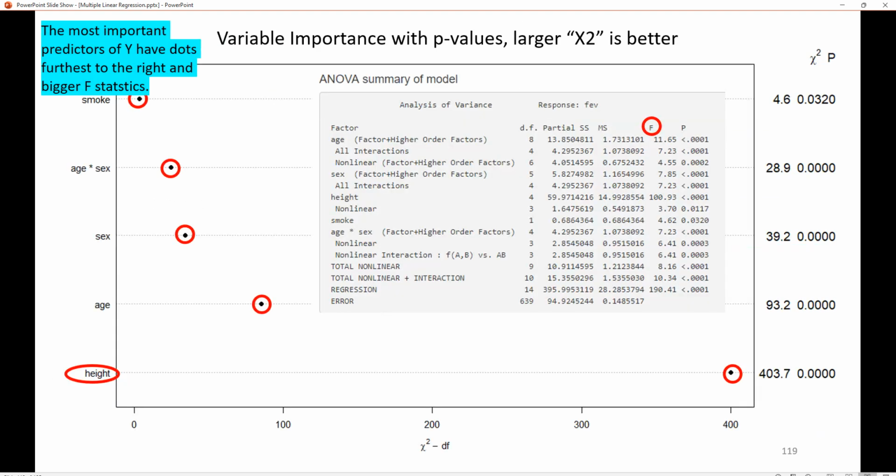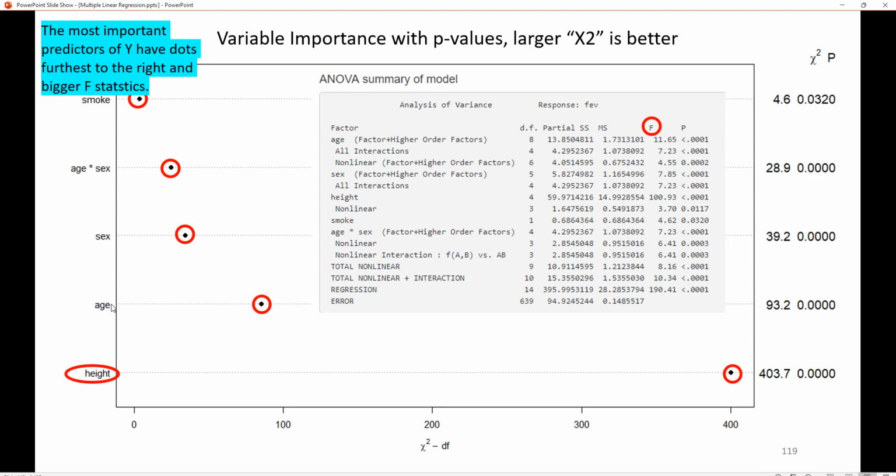Okay, so now we're going to look at variable importance. The most important predictors of Y have dots furthest to the right and do have bigger F statistics. And that F statistic is circled in red in this output in the upper right. So we see that the most important predictor, the one that gives us the most information about our outcome of FEV, would be height.